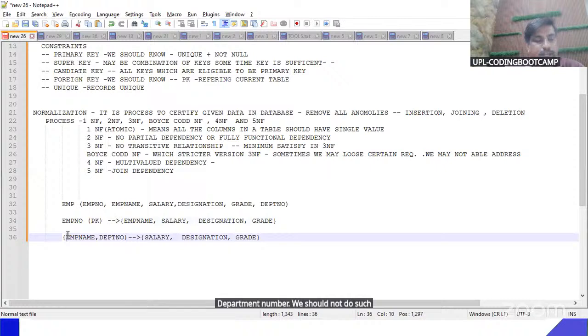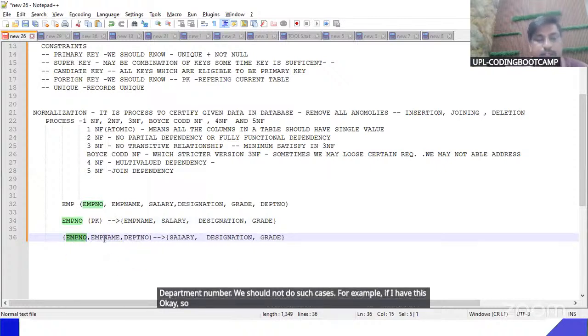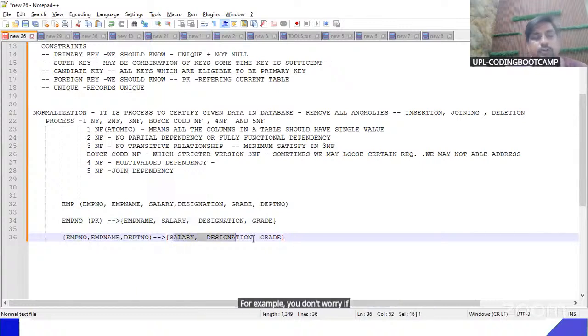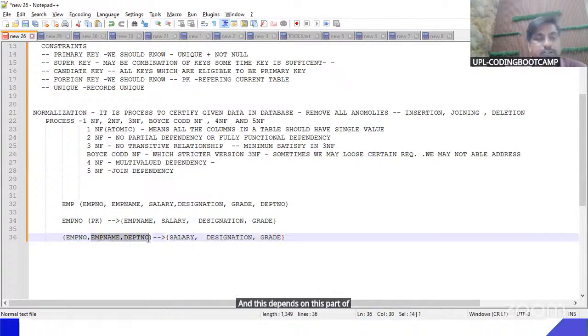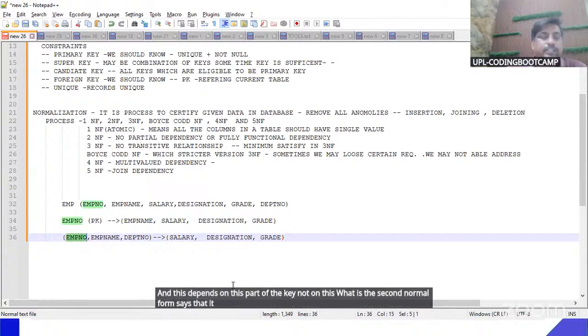For example, if I have employee number, department, together the three, I can tell you all the details. But if you just tell me employee number, I can give you all these things. And this becomes dependent on this part of the key, not on this. What the second normal form says is that it is a fully functional dependency.